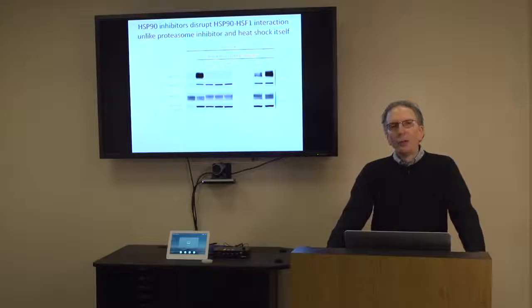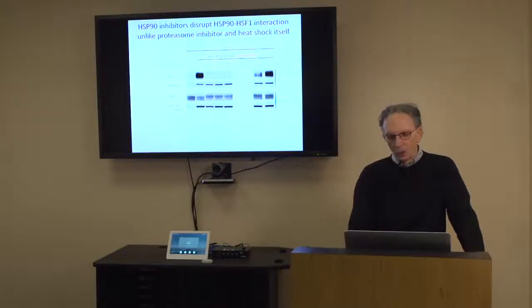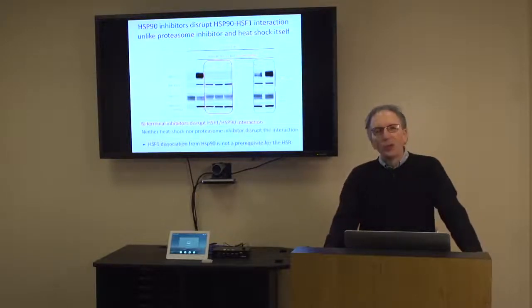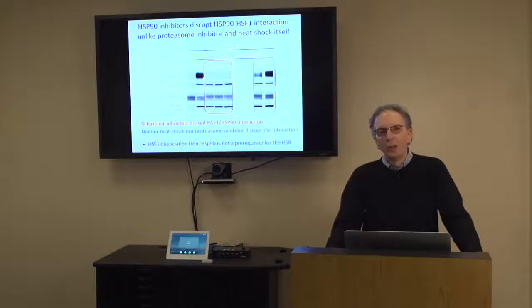However, neither the proteasome inhibitor MG132 nor heat shock itself dissociates the interaction of closed HSP90 with HSF1, making the point that HSF1 dissociation from HSP90 is clearly not a prerequisite for induction of the HSR. So what HSP90 inhibitors are doing is unique.